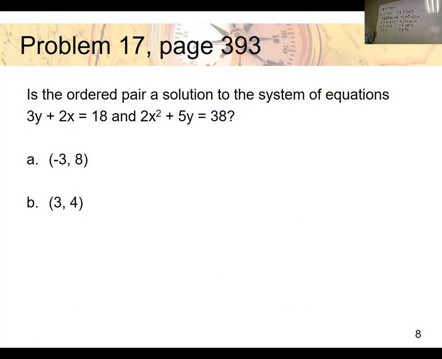And it says, is the ordered pair a solution to the system of equations. Here we got 3y plus 2x is equal to 18, and 2x squared plus 5y is equal to 38. Okay, now here we're going to talk about system of equations shortly in this section. As here's just two equations.